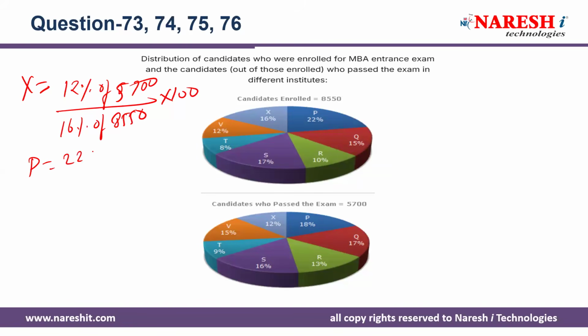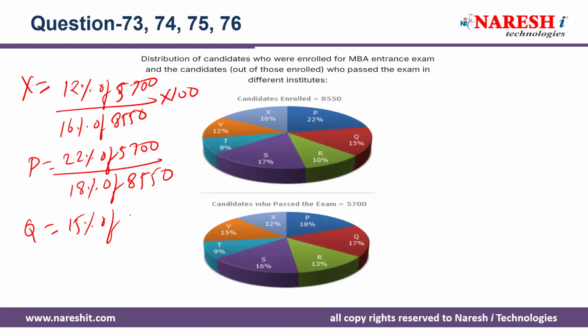Next P: 22 percentage of 5,700 upon 18 percentage of 8,550. Next comes Q: 15 percentage of 5,700 upon 17 percentage of 8,550.